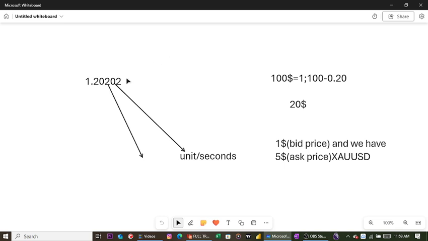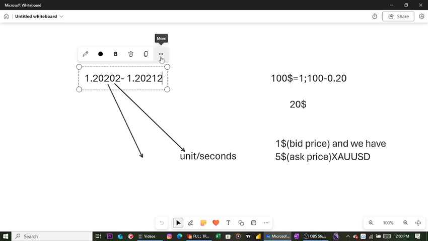Sometimes you may discover that price moved maybe something like this. Now this is one pip exactly. The second figure has changed, so it is one pip. If it moves from 0 to 2, we know it's 2 pips.